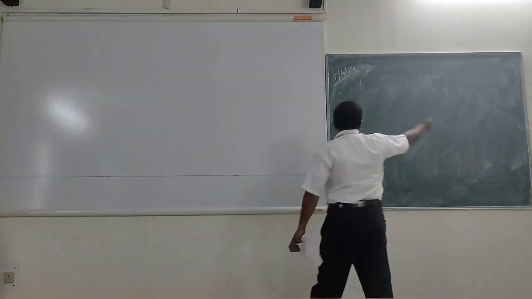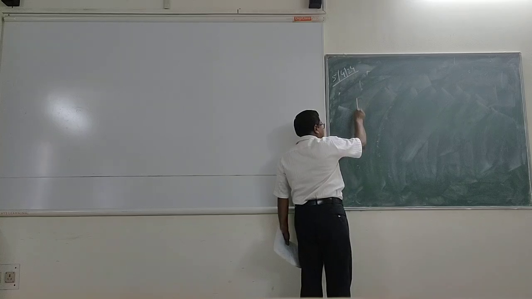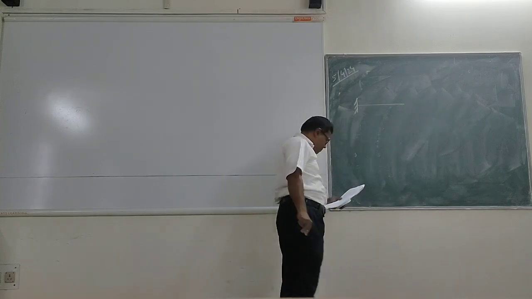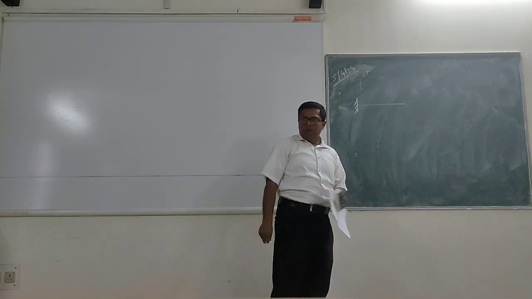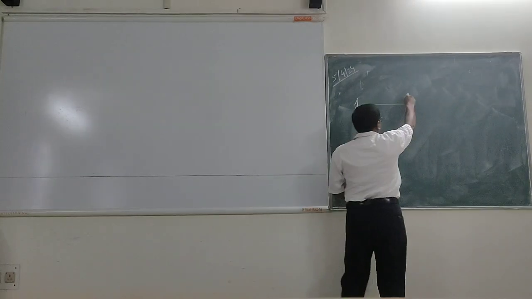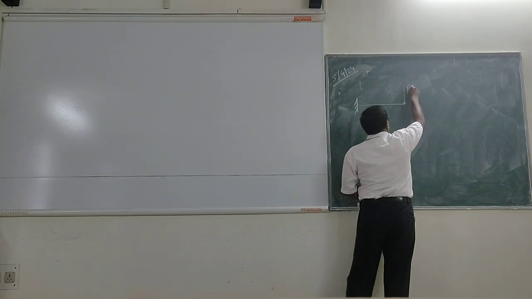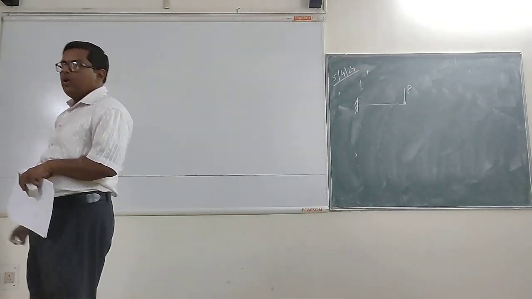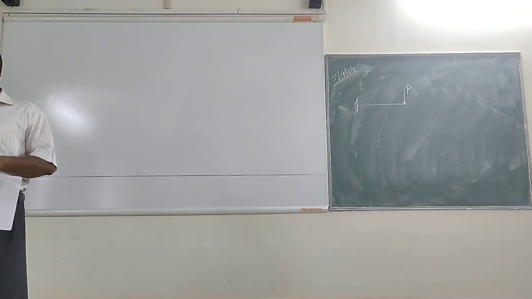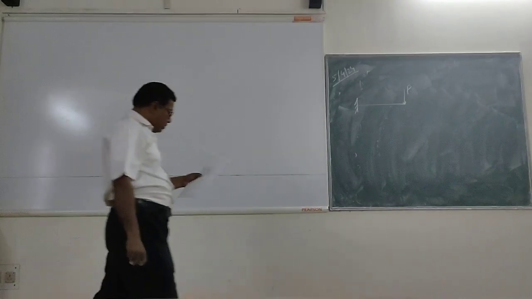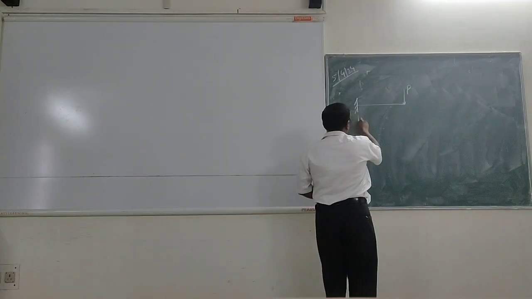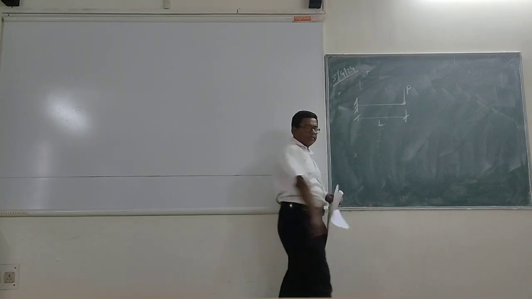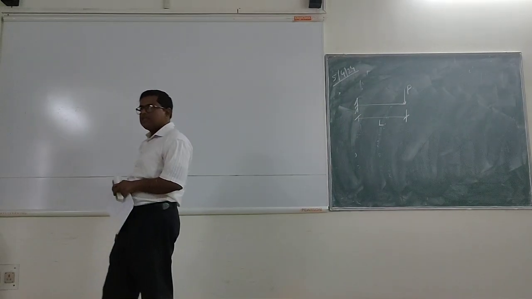So let's take a cantilever beam, a very simple problem. Let's say this beam is subjected to a load P over here. So at the free end, a load P is acting on a cantilever beam, and the length of the beam is, let's say, L. Correct? Length of the beam is L.